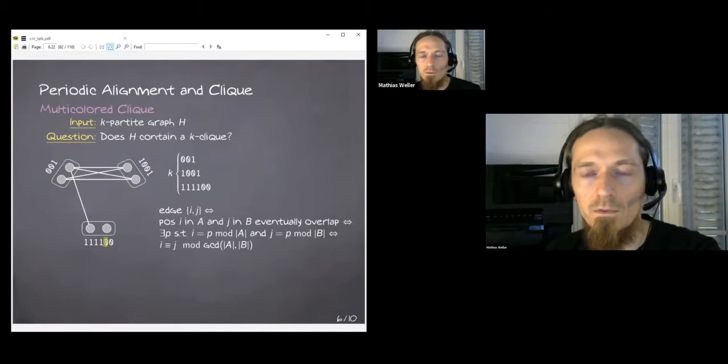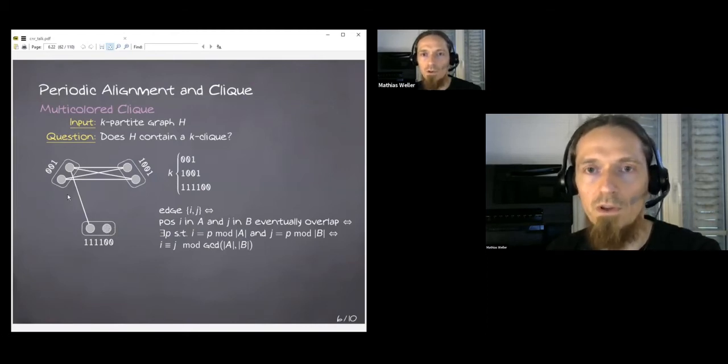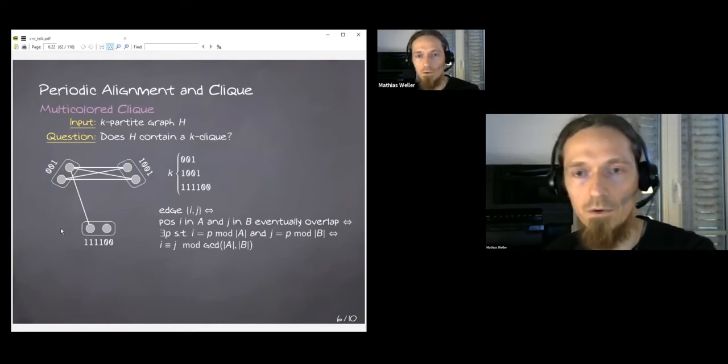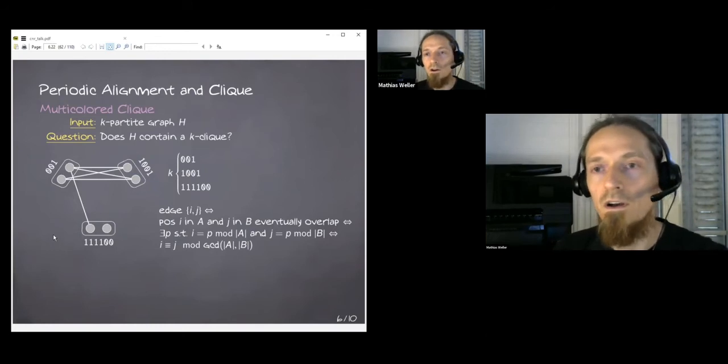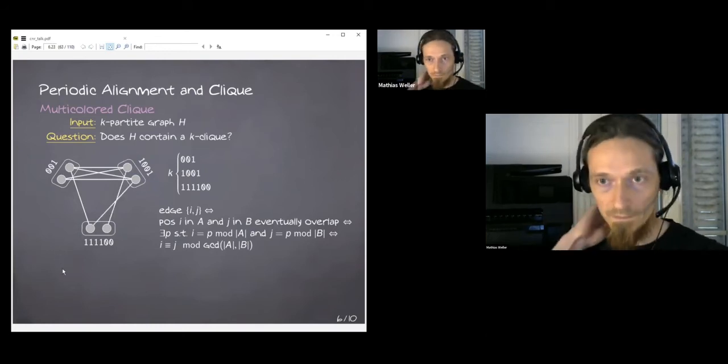Yeah, so this one leaves 1 modulo 3, which is the case only for the middle one here. So there's an edge only between this node and that node. And the second one here leaves a remainder 2 modulo 3, but none of these 2 zeros leave remainder 2 modulo 3. Okay, and the same thing can be done here.